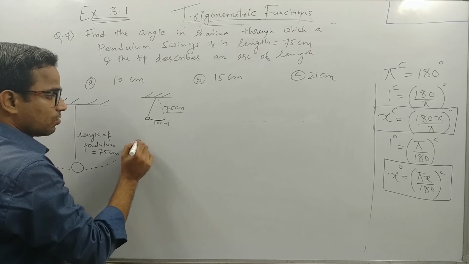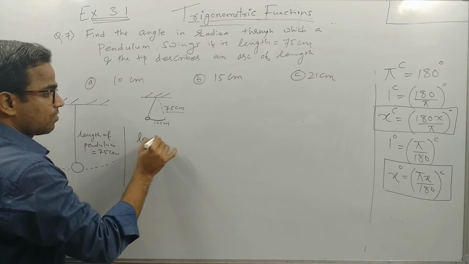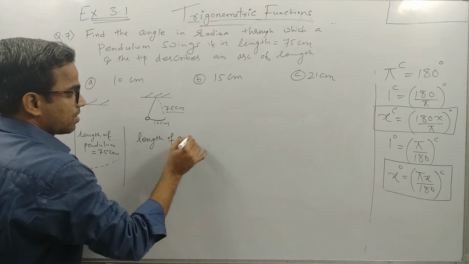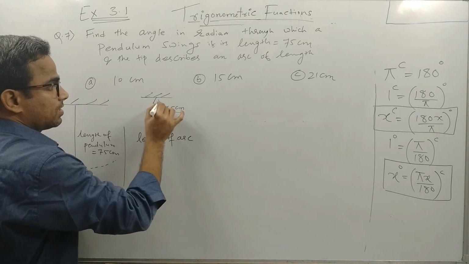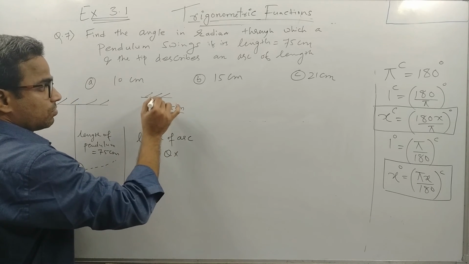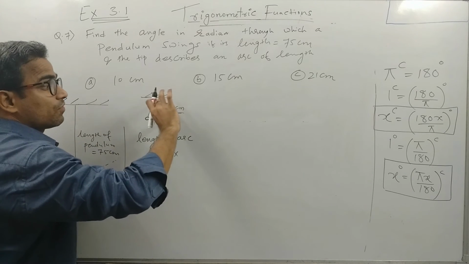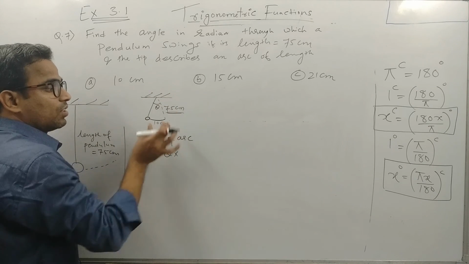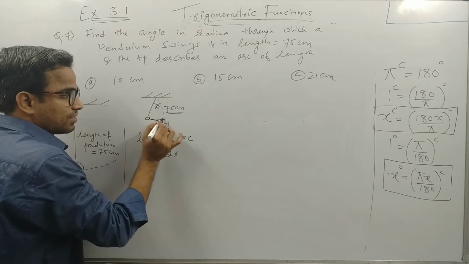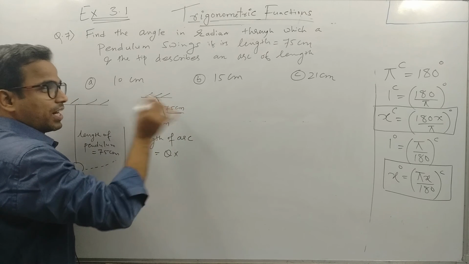From basic geometry we know the length of the arc is the angle subtended at the center, theta, into the radius. Here the radius becomes 75. Don't confuse the length of the pendulum with the length of the arc. The arc length is this, and the length of the pendulum is your radius here.